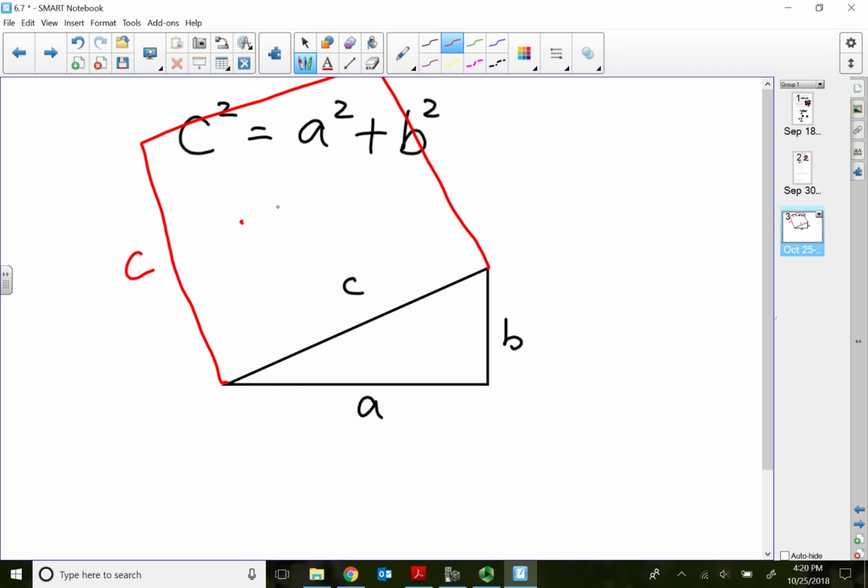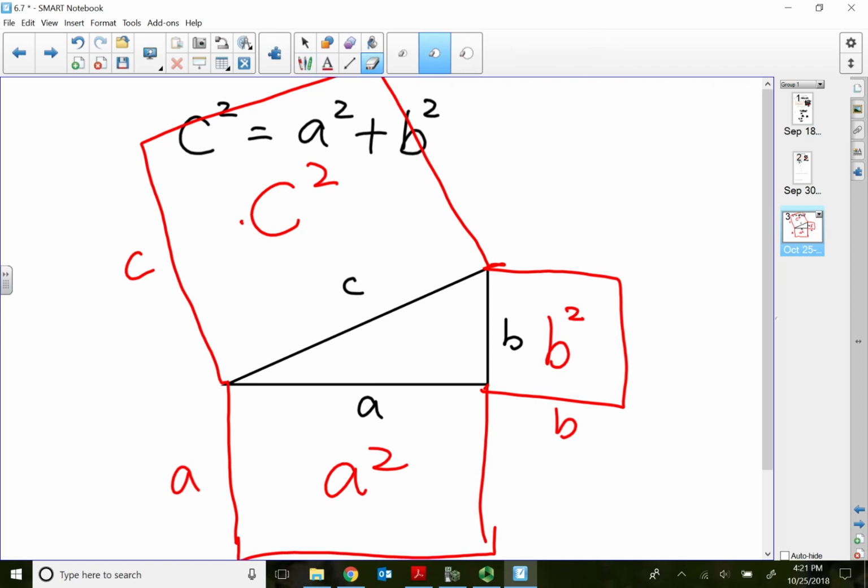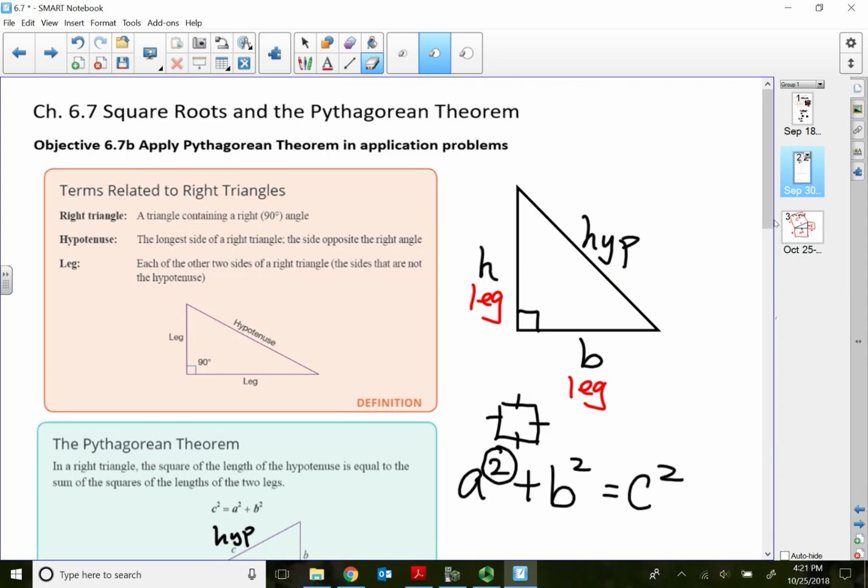The area of this square is going to equal the area of the square on side A, plus the area of the square using side B. So C squared equal to A squared plus B squared means the area of this square is going to equal the area of this square plus this square, because all three squares use side C, side A and side B: B by B, A by A, and C by C. The whole Pythagorean theorem is referring to the area of these squares that I'm drawing here. That's what the formula is actually representing.